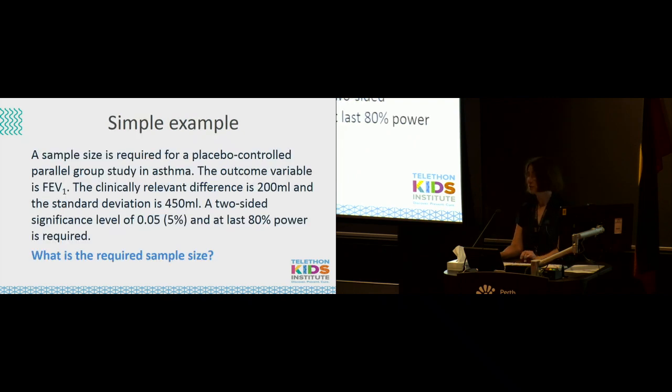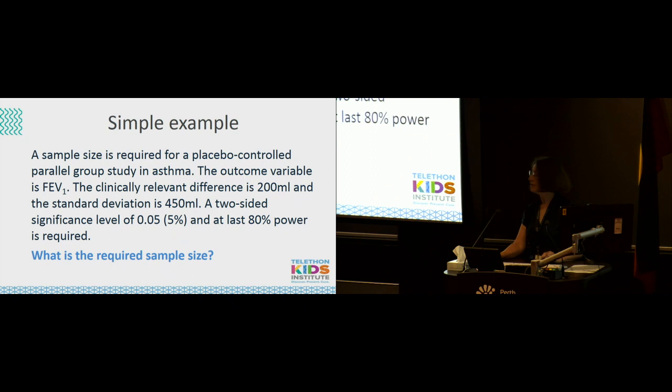So let's just plug numbers into a formula. You'll see how straightforward it is for this example. Here it's placebo-controlled, a parallel group study. The outcome is FEV1. The clinically relevant difference we're looking for is 200 millilitres, so that gives you your delta.